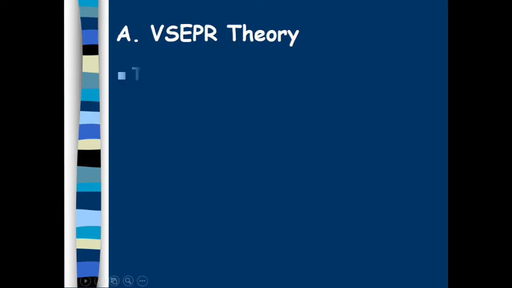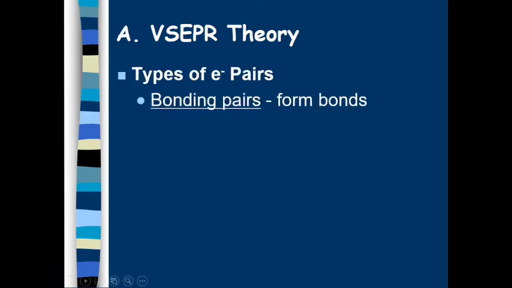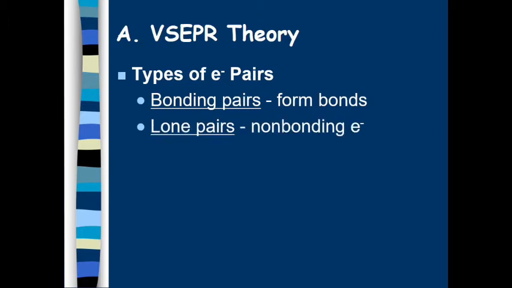So we're looking at two different types of electron pairs. Bonding pairs, which are going to form your bonds. We're going to show these with a dash when we draw our structure. And then we have lone pairs. Our bonding pairs are also considered to be shared electrons, whereas our lone pairs or non-bonding electrons are called unshared electrons.